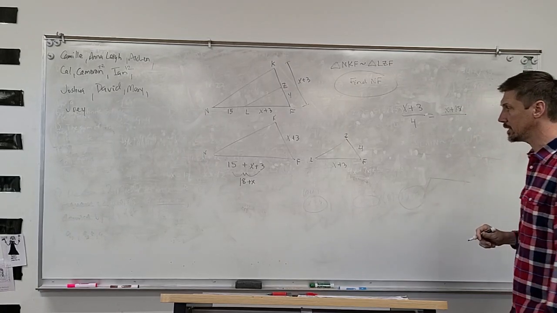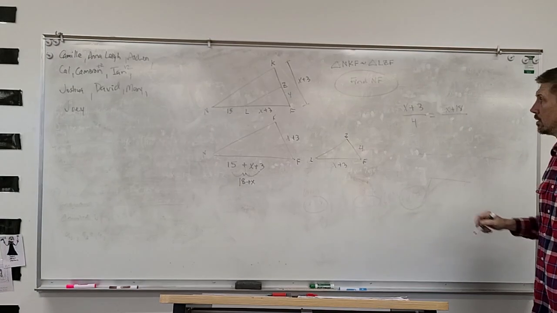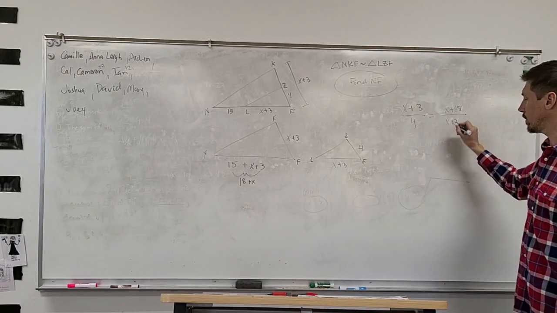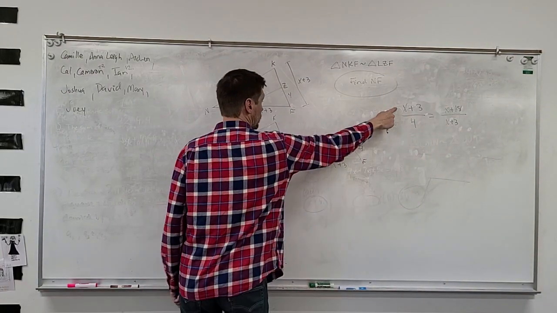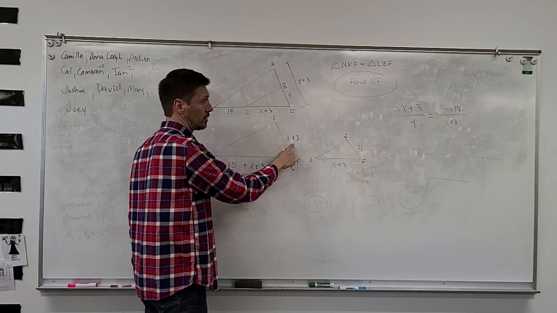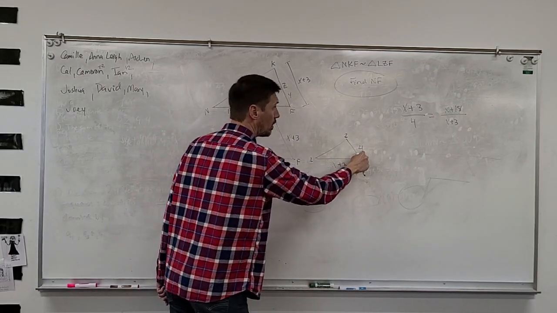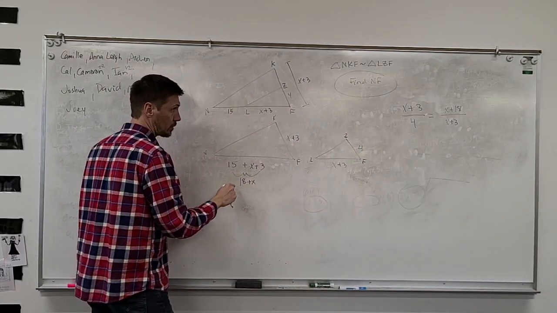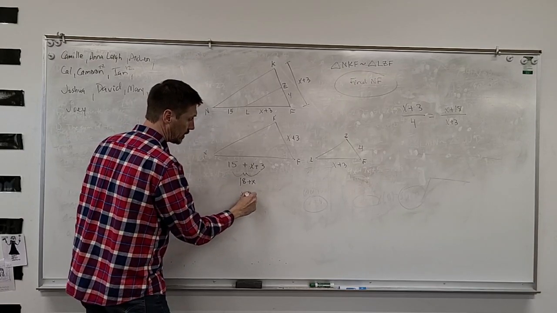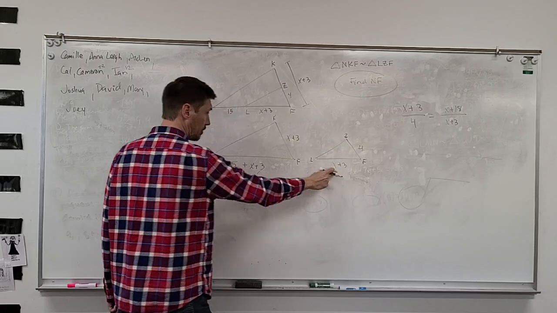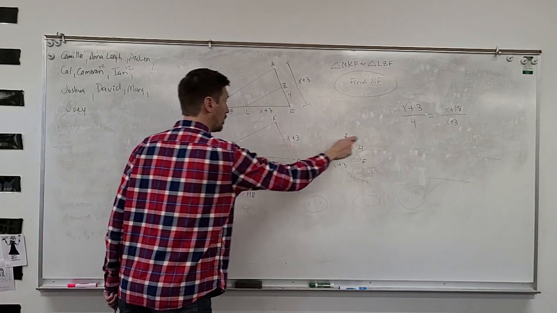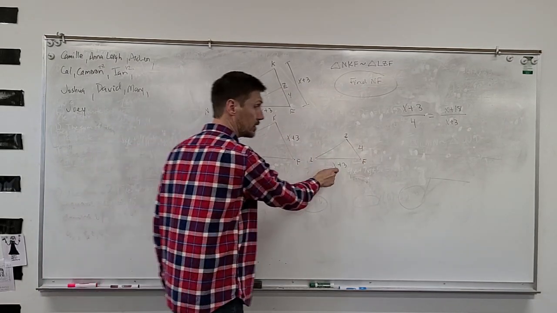So I'll write it as x plus 18 over x plus 3. It's important that everybody knows this x plus 3 came from here. X plus 3 over 4 is equal to x plus 18 over x plus 3, and that x plus 3 came from here. So this over this is equal to this over this, right?